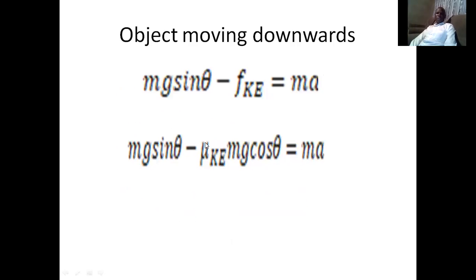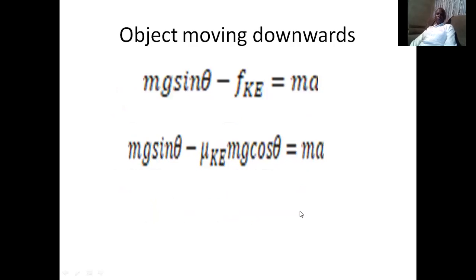So we get mg sin theta minus the force of kinetic friction, which is equal to mass times acceleration. The force of kinetic friction is the coefficient of kinetic friction times mg cos theta, so we substitute it.